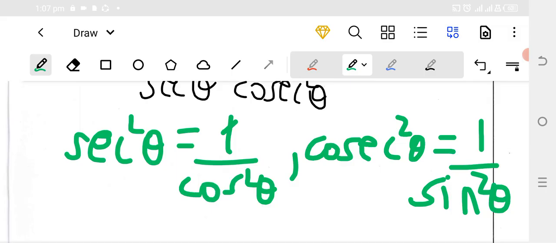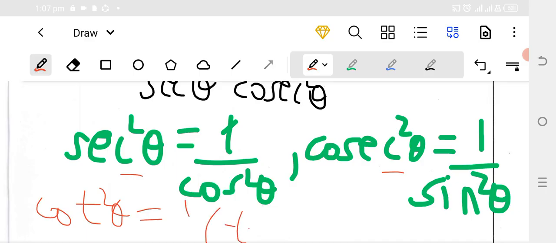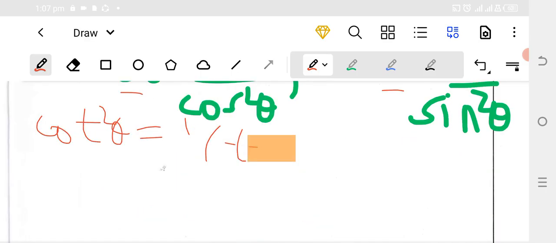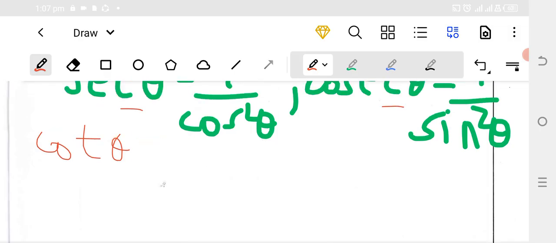You need to know this. So how did I manage to remember this? Among the inverse trig functions like sec, cosec, there's also cot theta squared, which is equal to 1 over tan theta squared. But it's not of our interest in this particular question, so I won't talk about it.